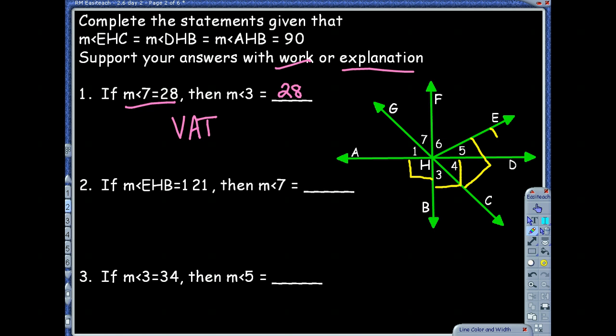All of this is 121. We're supposed to find the measure of angle 7. Well, that's 121.